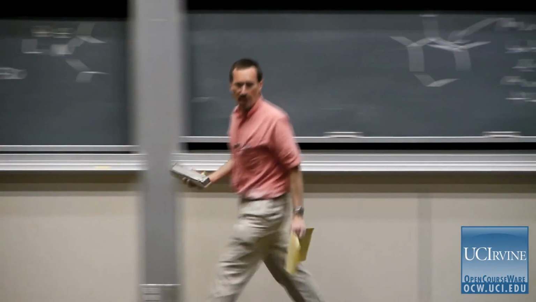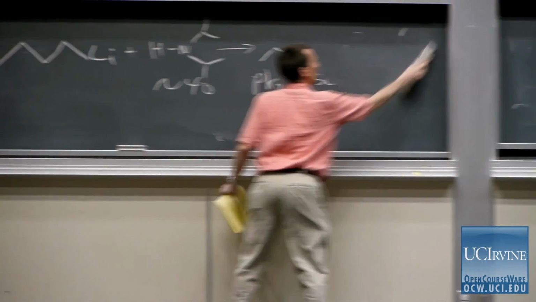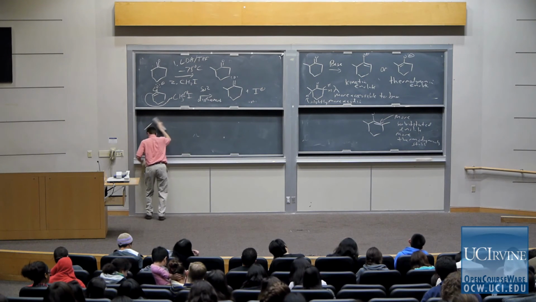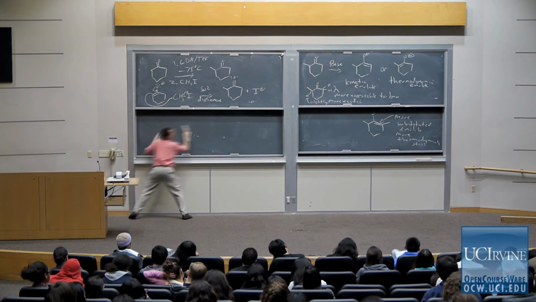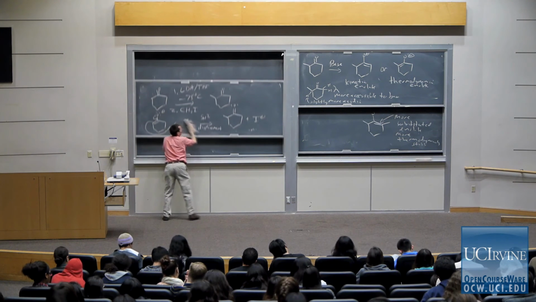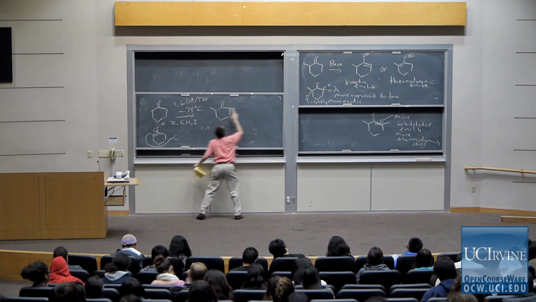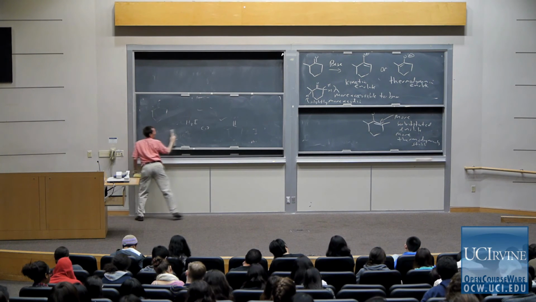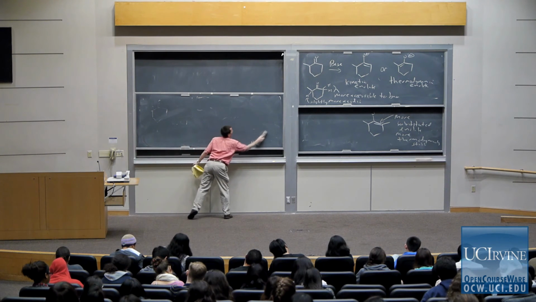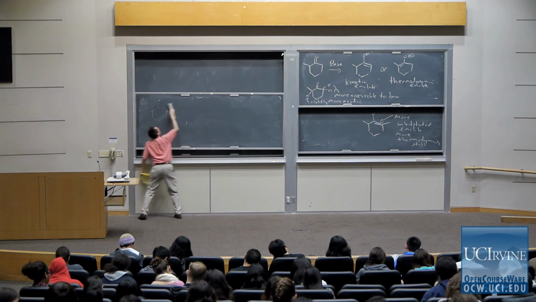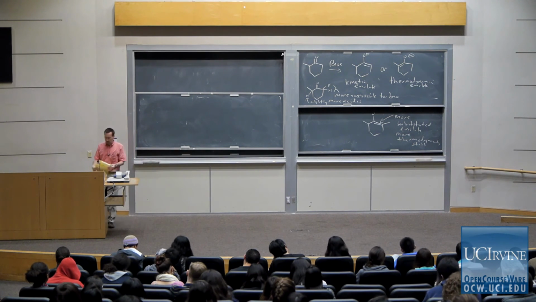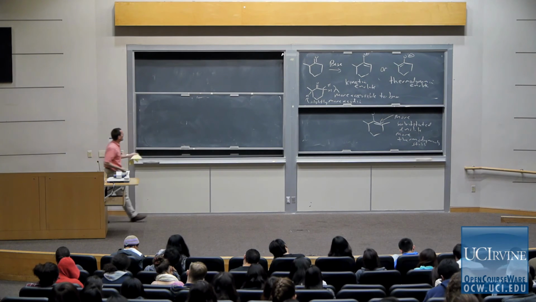So let's take a moment to play with this notion, because as I said, organic chemists love to control reactions, love to control reactivity. And it's important because when you're making molecules for medicines or for drugs, you need the molecule that you want.